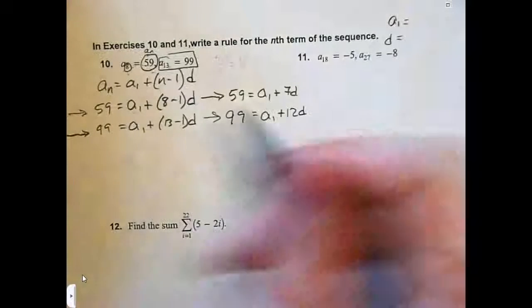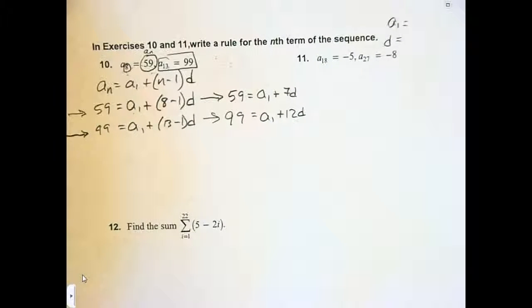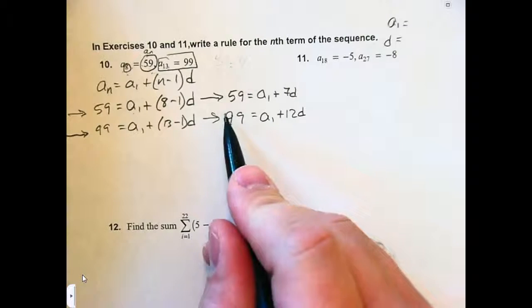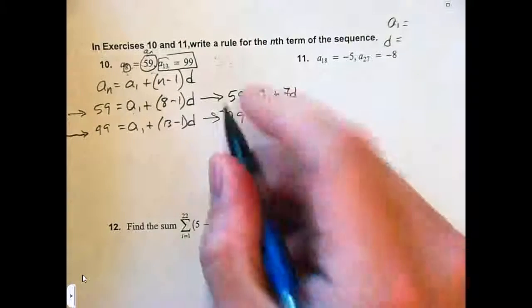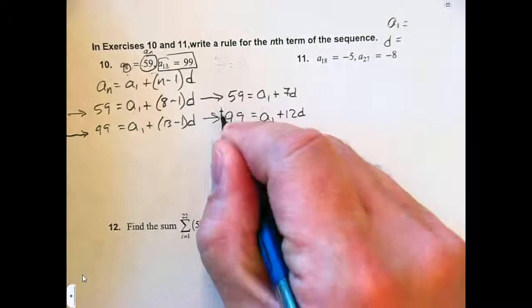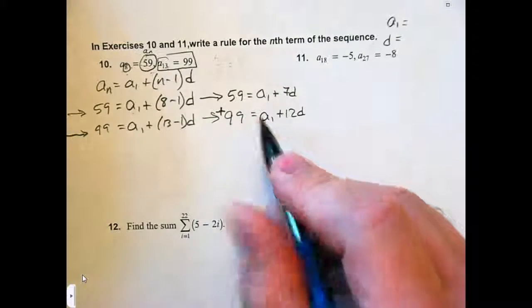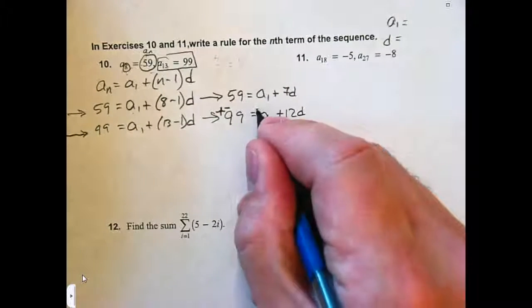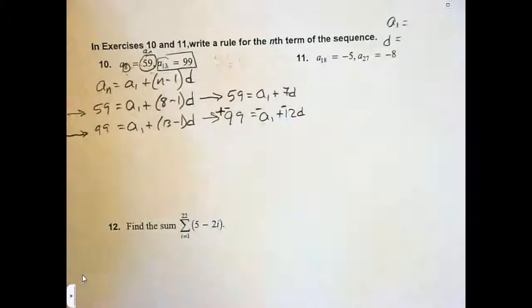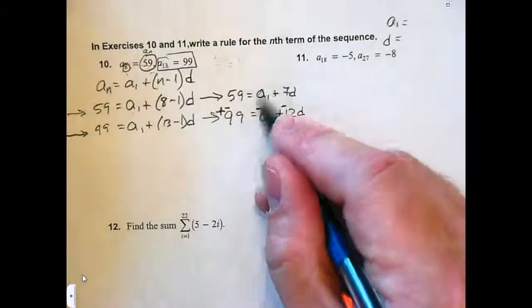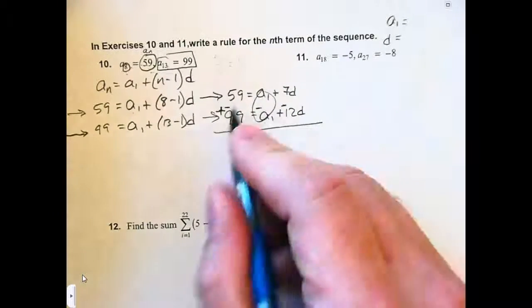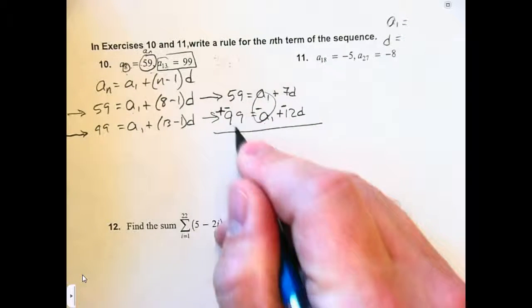All right, this is now a system. And you can solve that system by subtracting or adding the opposites, right? If we add the opposite of this, solving systems, these two pieces cancel out. I'm left with, what's this?